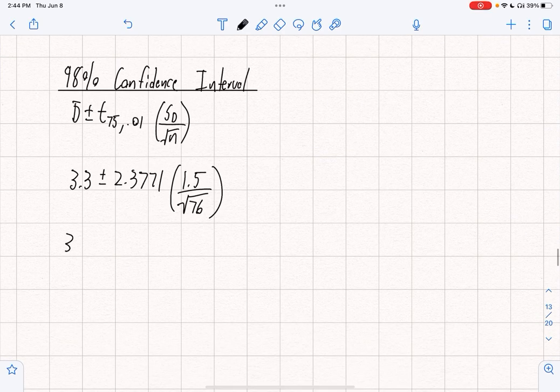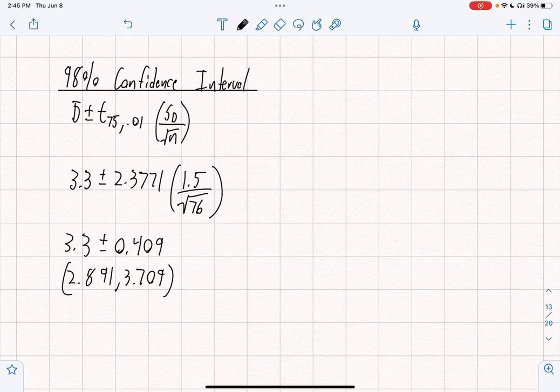And we get 3.3 plus or minus 0.409, which is 2.891 to 3.709. So we're 98% confident that the average change in BMI, or the BMI decrease, is somewhere between 2.8 and 3.7.